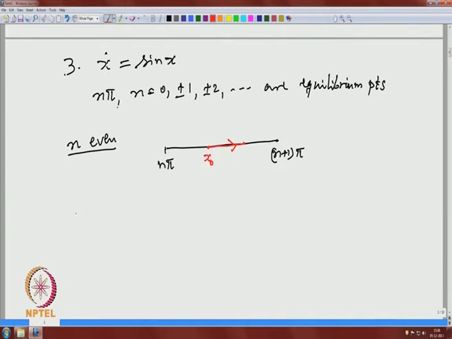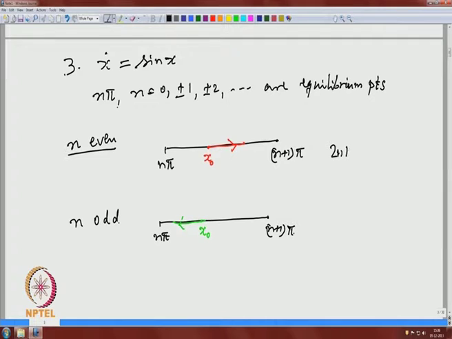And n odd, same thing, n pi, n plus 1 pi, and now I start the orbit from x 0 here, and it moves towards that.